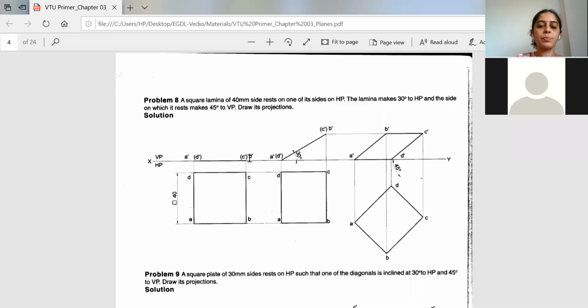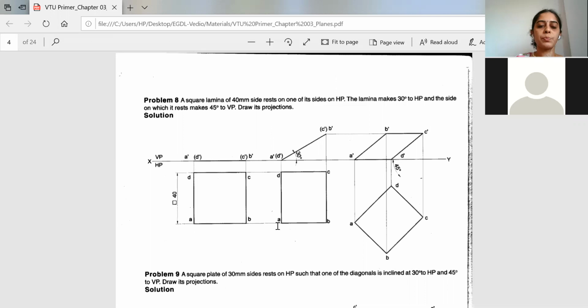Then you measure this distance, how much it is, and you just cut an arc on the 30° line. It meets somewhere. Then you name this as C dash and B dash. After this, you have to take the projection down and show the direction in which it has been projected. Then you also extend the projection line from the top view. It meets at some point.